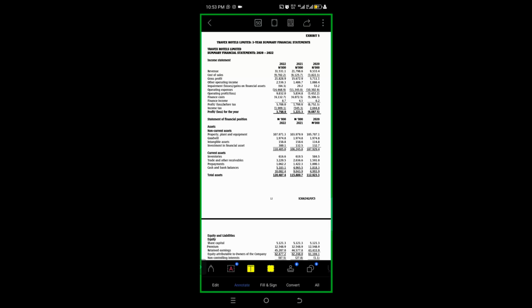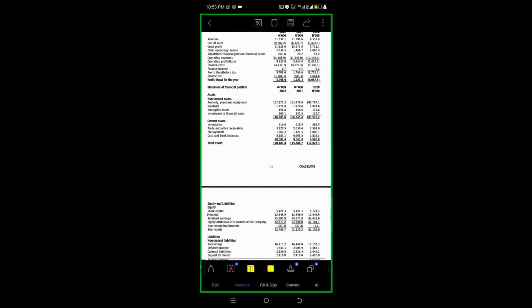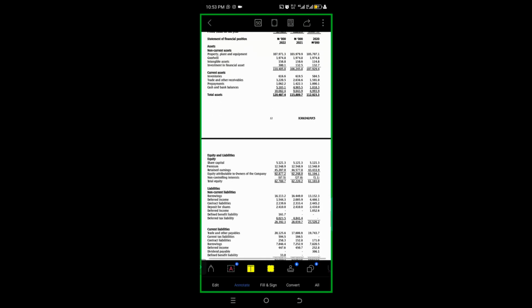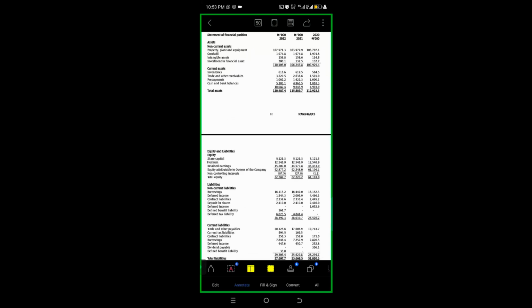There is something I noticed on the statement of financial position. If you check under that, you will see dividend payable. Normally these people have a lot of retained earnings here. There was dividend payable in 2020, and there was none in 2021 and 2022. And there was no provision for payable here.